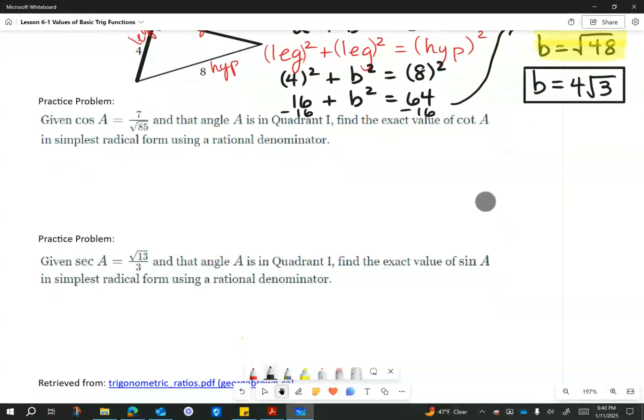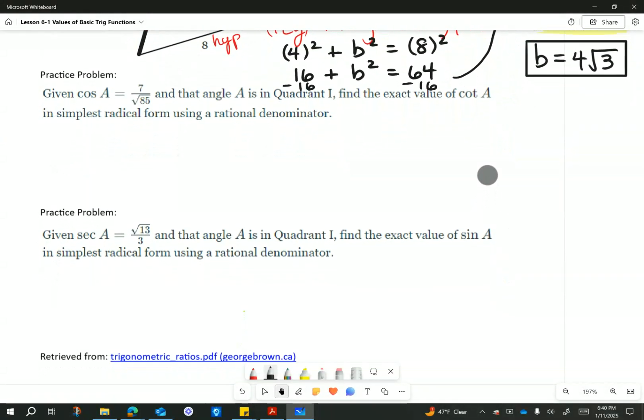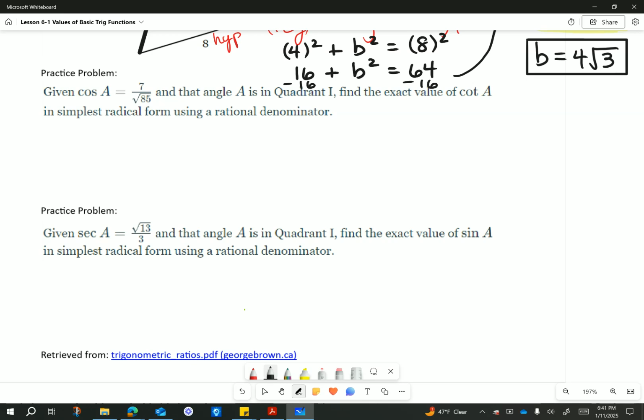Moving on to the second to last problem. So in this particular problem, they're telling us that they're going to give us a ratio, that the cosine of the angle that we're standing at, the cosine of A is 7 over square root of 85.